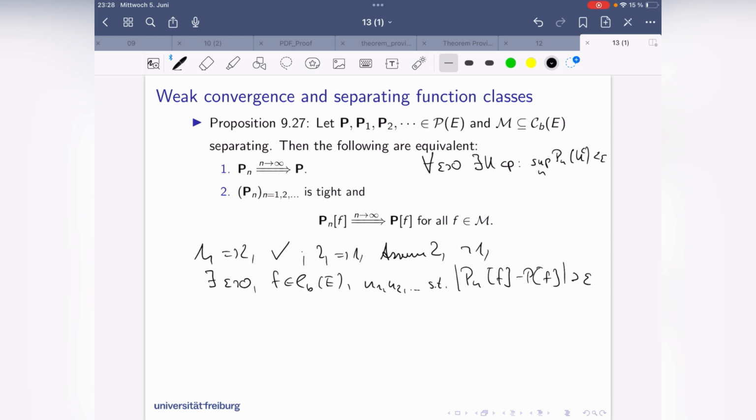Okay, we have that 1 does not hold. That means weak convergence does not hold, so there must be one f where we can see that weak convergence does not hold. So that means this here.